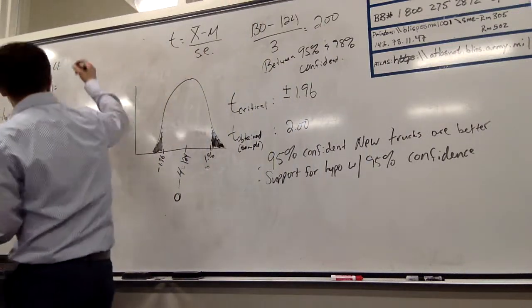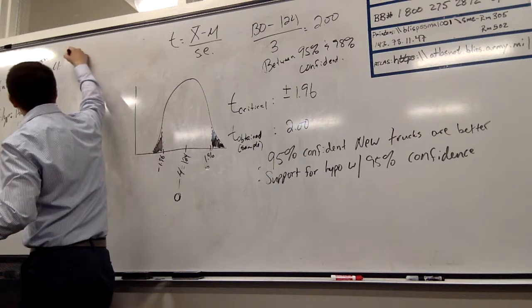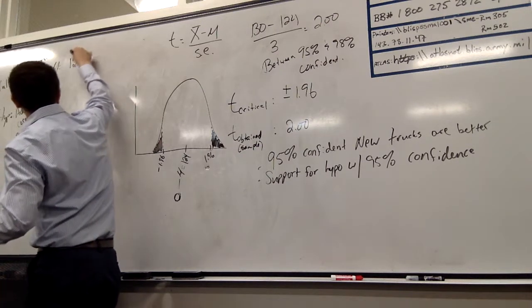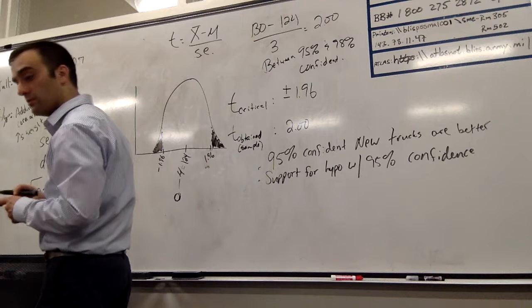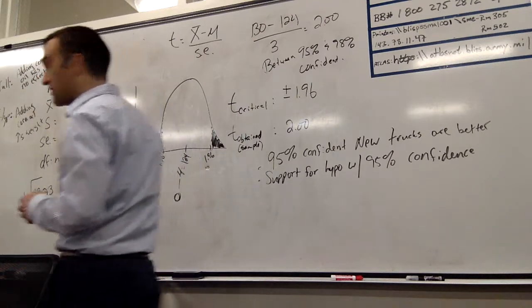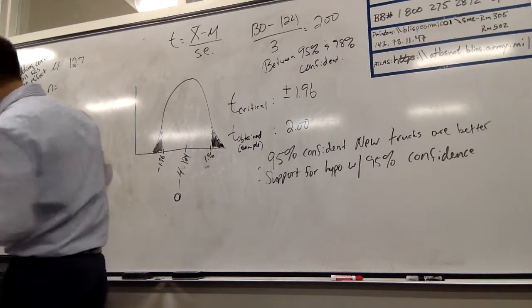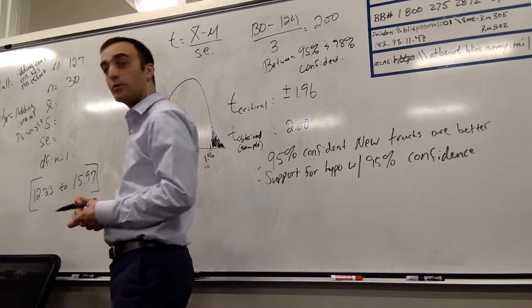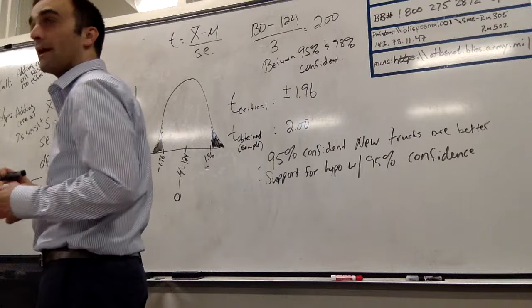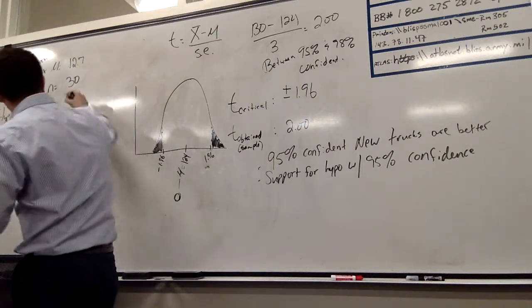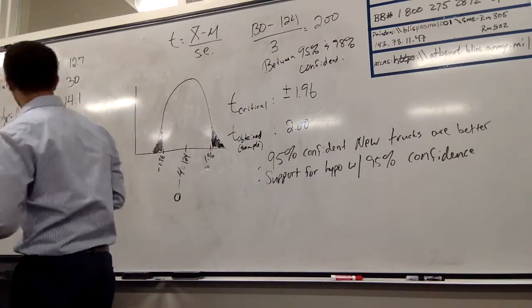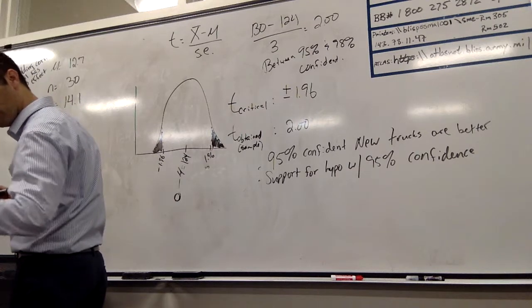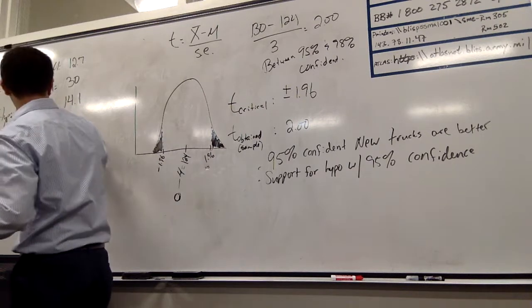So last year, without corn oil in the feed, weight gain was 12.7 pounds. This year, we took a sample of 30 cows that had undergone corn oil fortified food. We want to see if their weight gained. Their weight gain was, of the sample, 14.1 pounds with a standard deviation of 5.